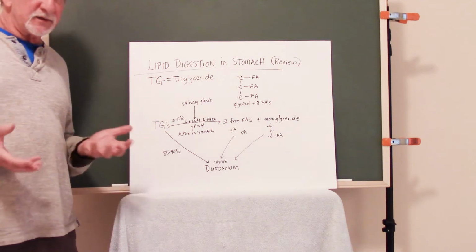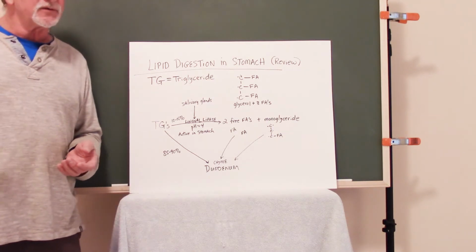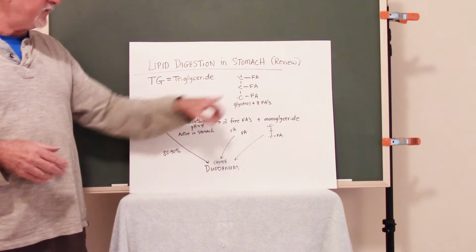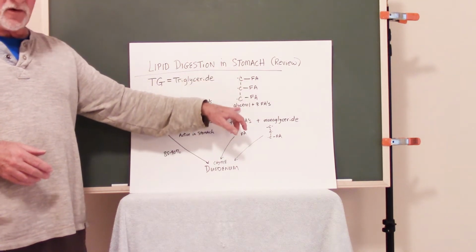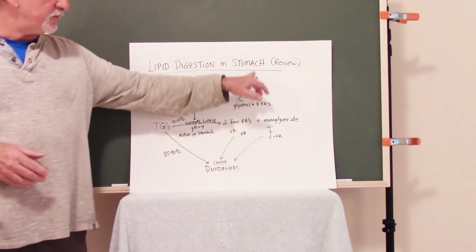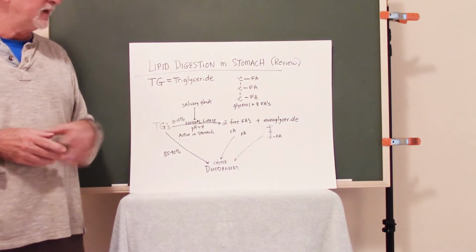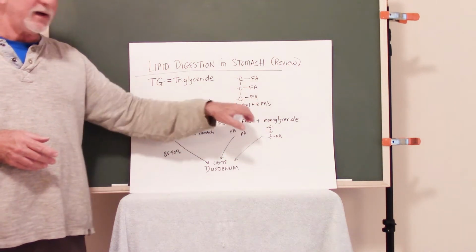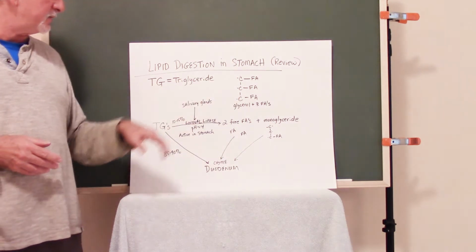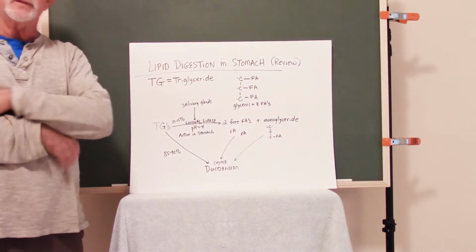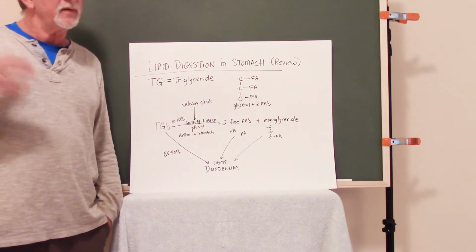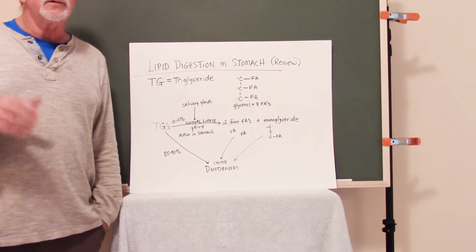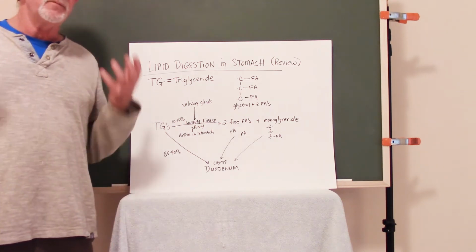A triglyceride, also called a triacylglycerol, consists of a 3-carbon glycerol, and the 3-carbon glycerol is attached to 3 fatty acids. And the glycerol and the 3 fatty acids together make up a triglyceride molecule that we find in fats and oils. Fats generally come from animals, and oils would be extracted from the seeds of plants.